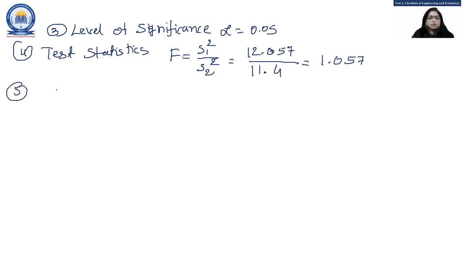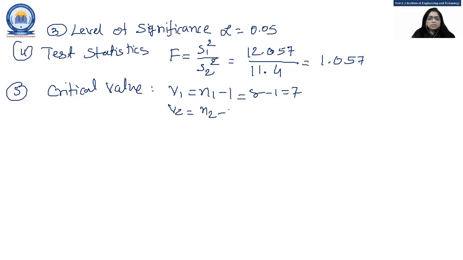Next, fifth, critical value. We'll use the F table for the critical value. And here V1 is n1 minus 1, so 8 minus 1 is 7. And V2 is n2 minus 1, that is 10 minus 1, so 9.